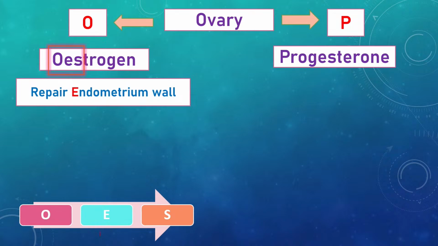So this O represents starting from zero. So repair. What are they repairing? Endometrium. OE. Repairing from zero the endometrium, because repairing of endometrium starts after menstruation, after all the endometrium tissue has been shed off. So it is going to start from scratch, from zero. So OE, repairing the endometrium.